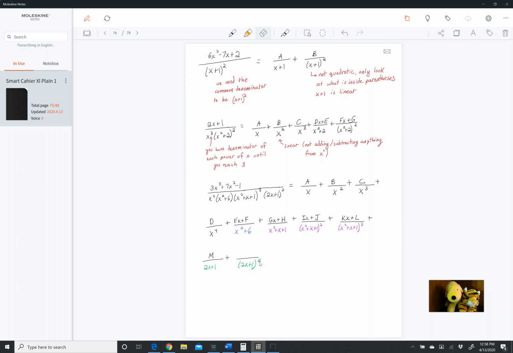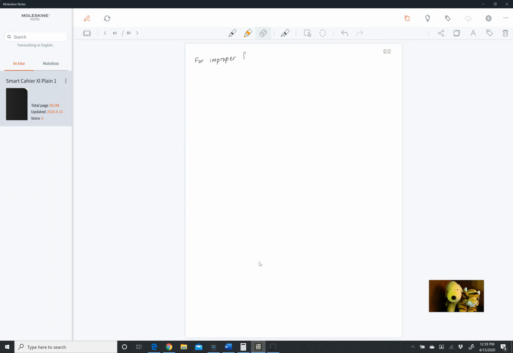Okay, so one quick thing. We're not going to do any examples of these. I just want to tell you what to do. So for improper fractions, the thing is that you can't do partial fraction decomposition on improper fractions.